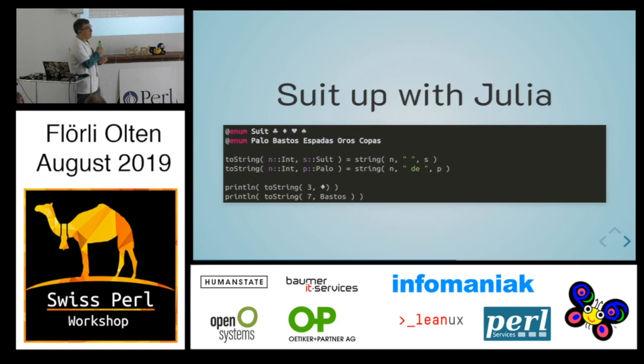And then I define two different toString operations, one for suits, another one for palo, right? So if we get an int and then a suit, I'm going to apply this, just the number and then the suit. If we get this thing, instead of this, we're going to write it down in Spanish.